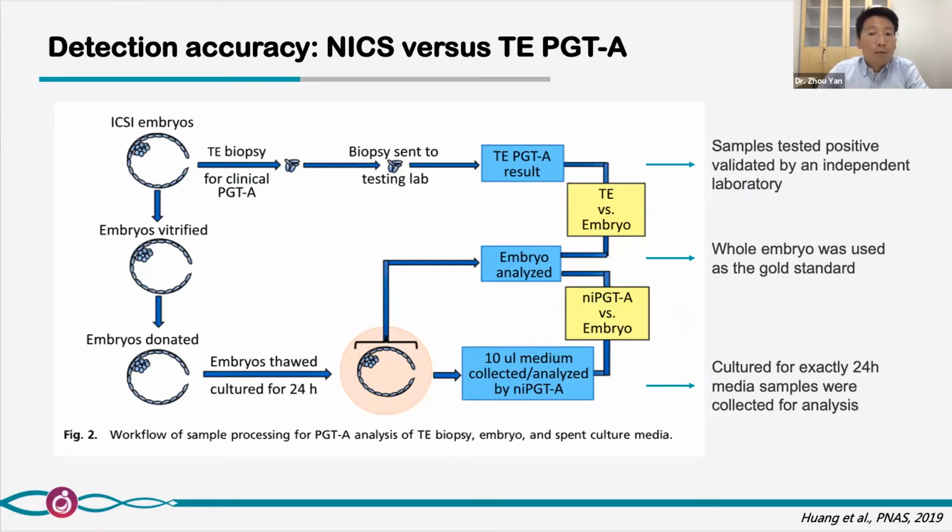So this diagram shows the workflow of the experiment to compare the PGT-A analysis using the TE biopsies, the whole embryos, as well as the spent culture media. The whole embryo was used as the gold standard for this study. The conventional TE biopsy sample was sent to the test lab, and the positive result was verified by a third-party, independent laboratory.